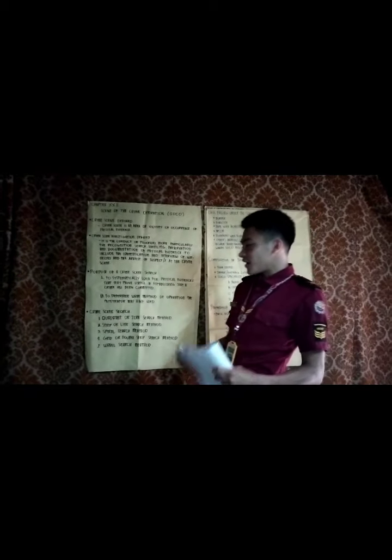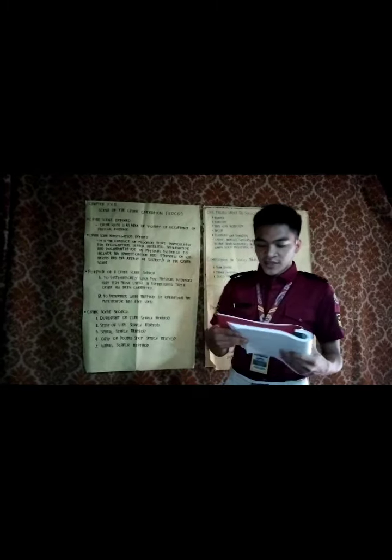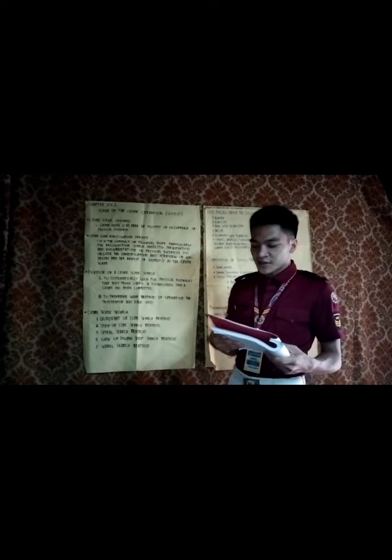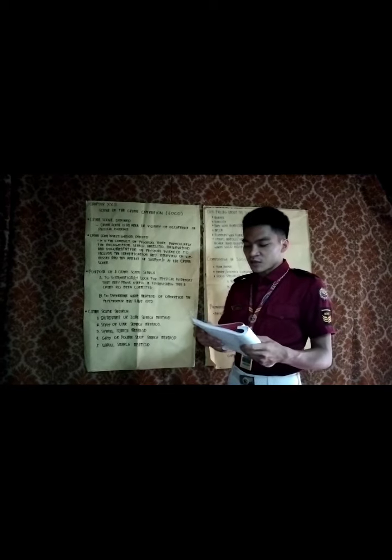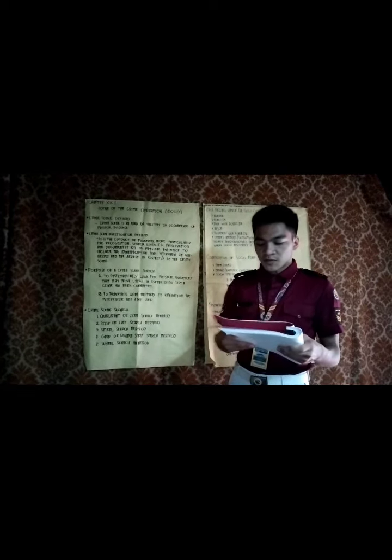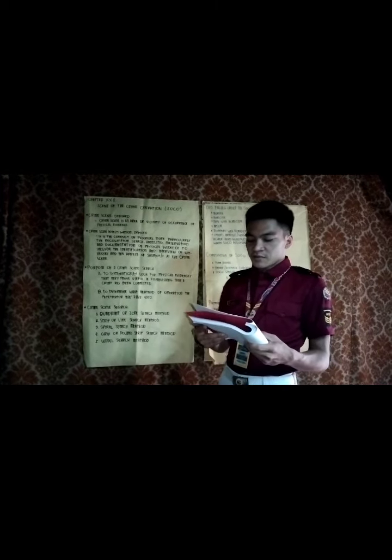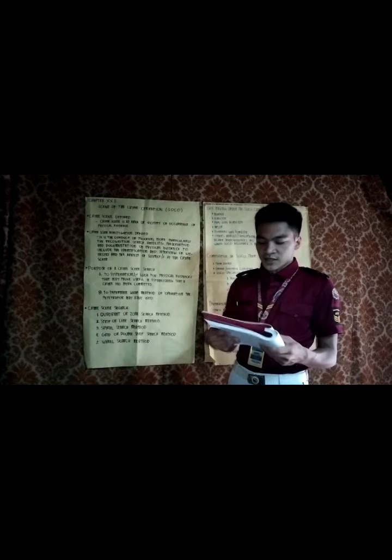Next we have the crime scene search. The search of physical evidence is done using an accepted method of search depending upon the actual location to be searched. The crime scene search can only be started after the crime scene has been photographed and sketched.